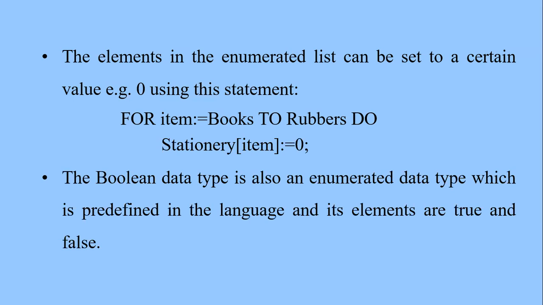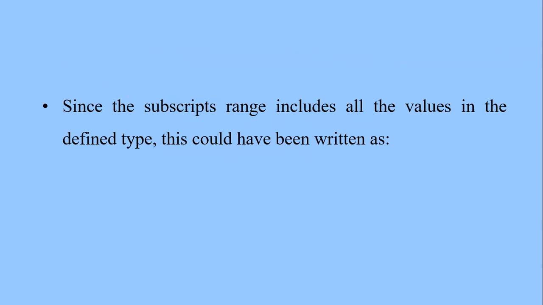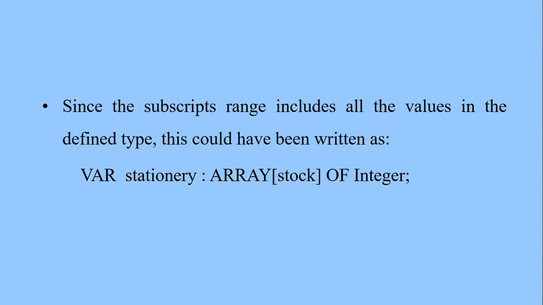The Boolean data type is also an enumerated data type, which is predefined in the language, and its elements are true and false. Since the subscript range includes all the values in the defined type, this could also have been written as follows: var stationary array stock of integer.